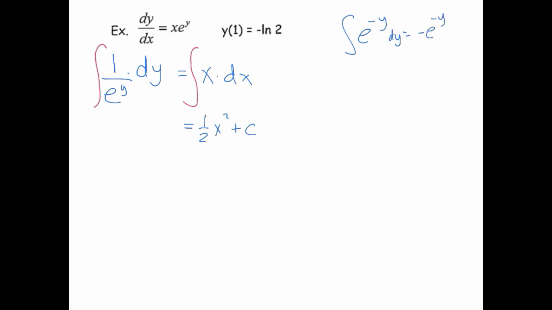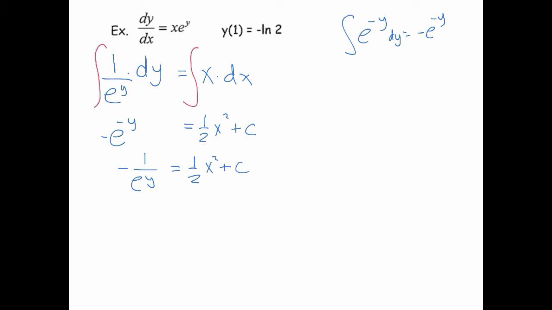Because e is its own derivative, and then the chain rule would produce that negative, which you'd have to cancel. So this is negative e to the negative y. I guarantee some students need to reflect on that step. I'm going to write this as negative 1 over e to the y equals 1/2 x squared plus c.